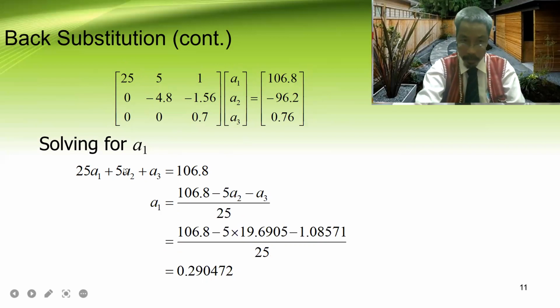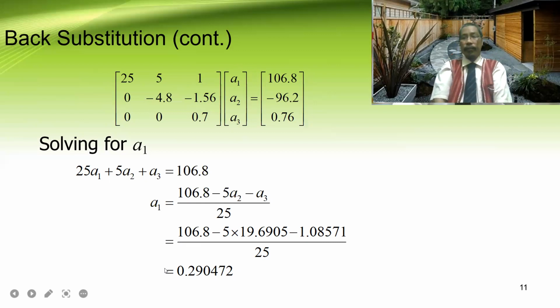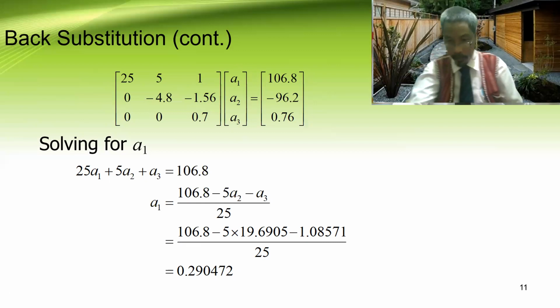Put these two to the other side, they will become negative 5 A2, negative A3. Then divide both sides by 25 because this is the coefficient, and substitute the values for A2 and A3. We are able to solve A1, A2, and A3.